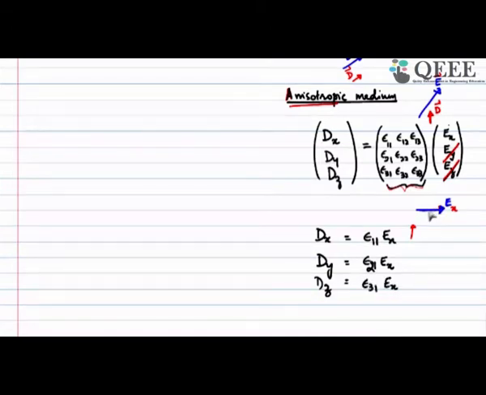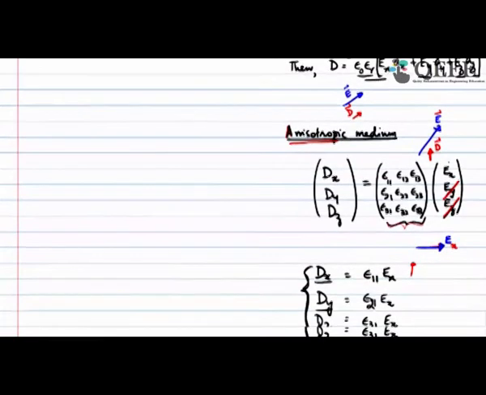Which means if I apply an electric field in the x direction, the electric displacement, the flux density, appears in three different directions, or rather in an arbitrary direction with three different components. So this is an anisotropic material.